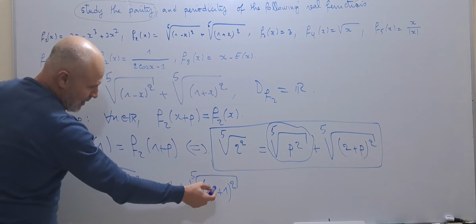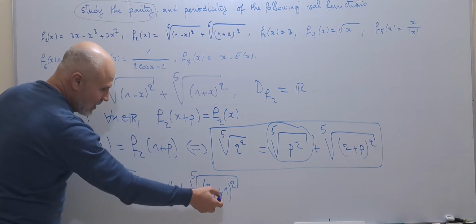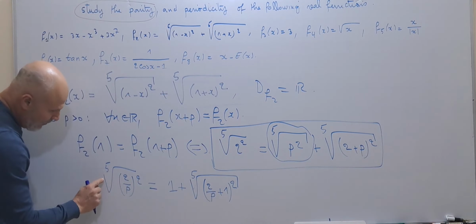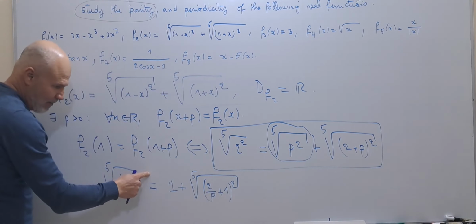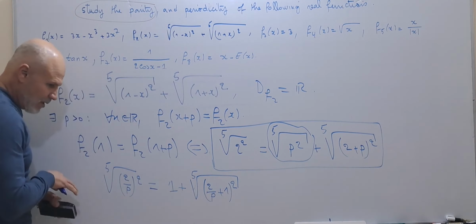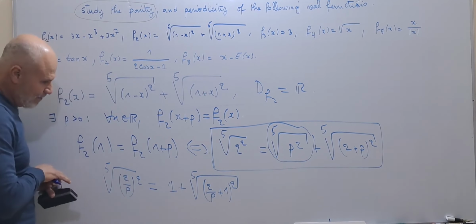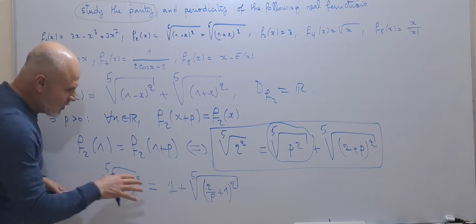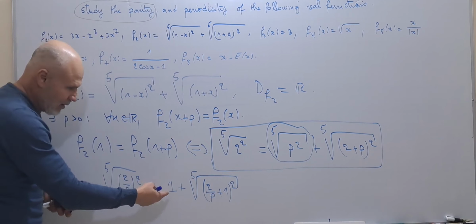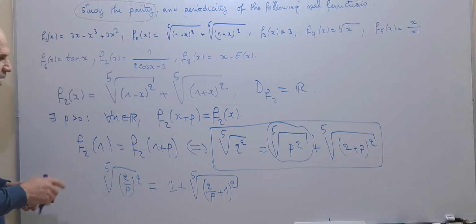This is a real number. The fifth root of a real number plus 1 square is strictly greater than the fifth root of this real number square. If we add 1 here, it is clear and obvious that this is greater than this one. We can study it as a function if we want, but this is sufficient as a remark.